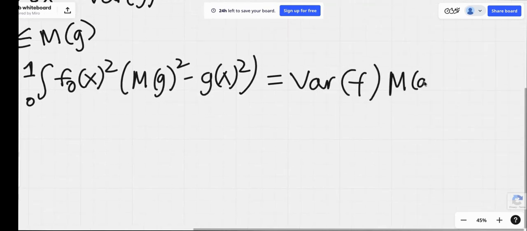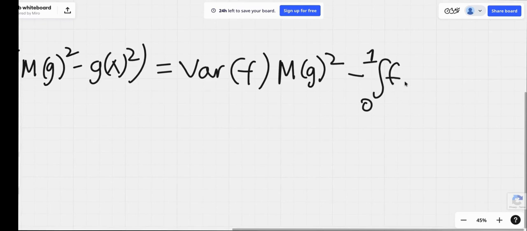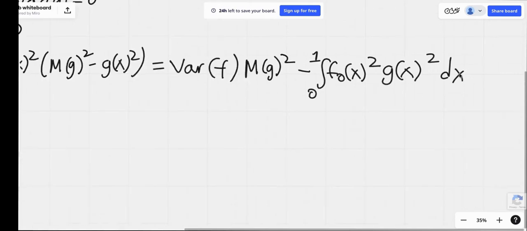times big M of g squared minus the integral from 0 to 1 of f naught of x squared g of x squared dx.